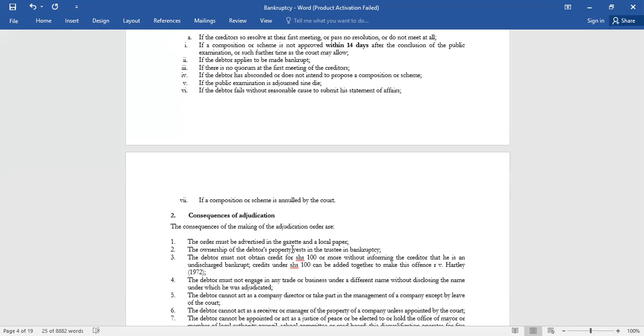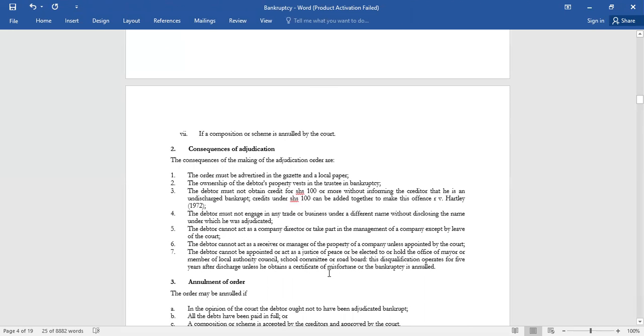A bankrupt person is a useless person. They have no value. Their scrap value is 0. You can see how serious it is before the court declares you bankrupt. Fourth, the debtor must not engage in any trade or business under a different name without disclosing the name under which he was adjudicated.